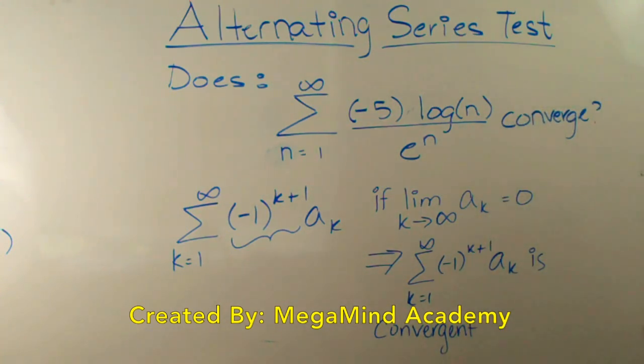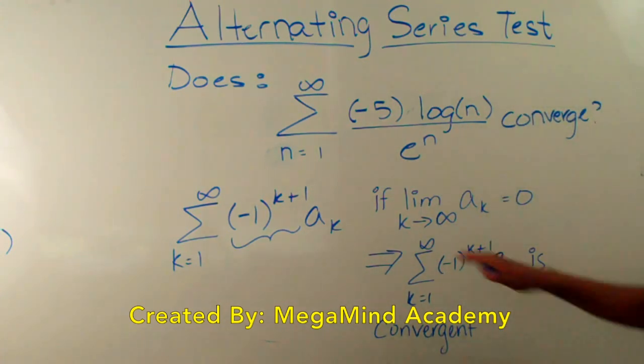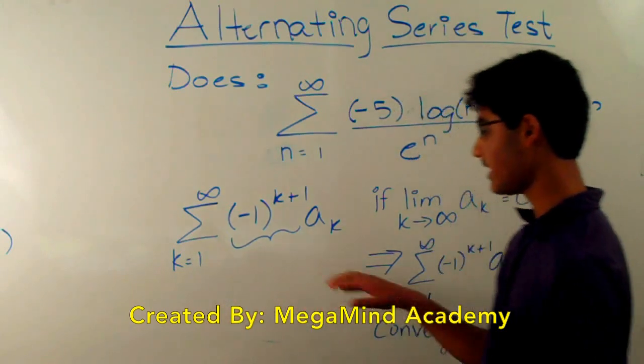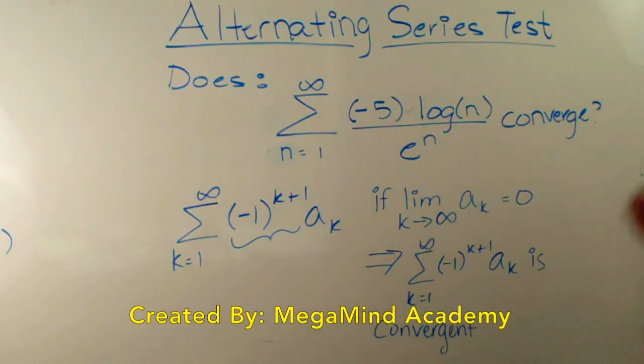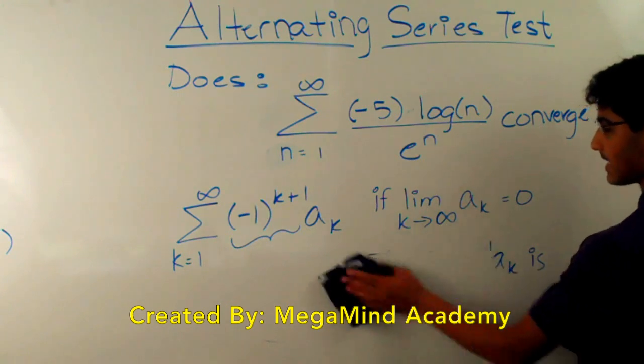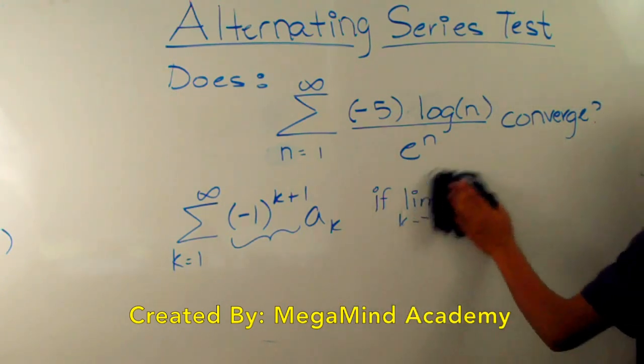Once again, if the limit of a of k as k approaches infinity is equal to 0, then this whole series here is convergent. If it doesn't approach 0, then the series is divergent. So, that means that this is necessary and sufficient.